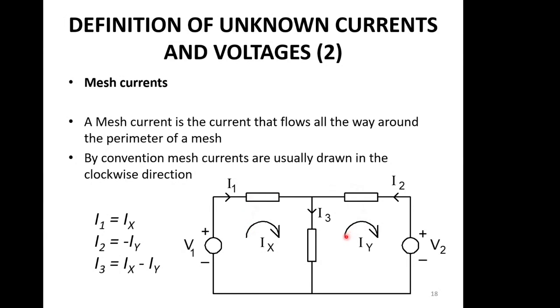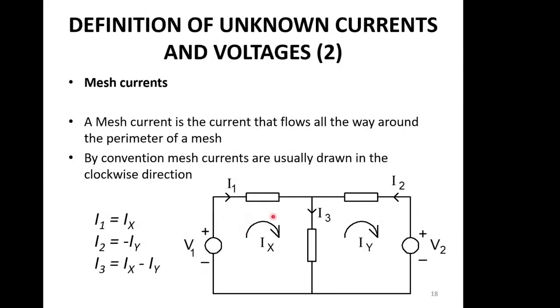Likewise here, we've got Iy defined as going this way, and that's equal to minus I2 in terms of definitions. Now I3, the one through here, is a combination of this mesh current and this mesh current. This one is defined as going in this direction, and this one in that direction, so I3 is going to be Ix, which is in the same direction, minus Iy.